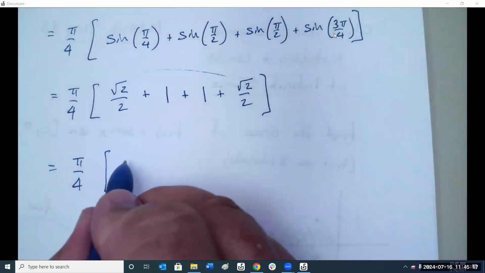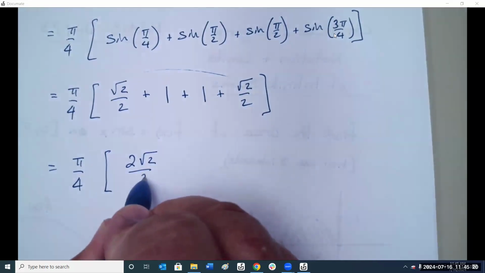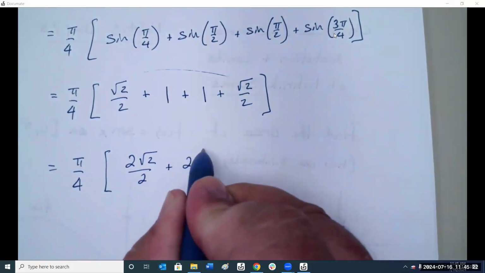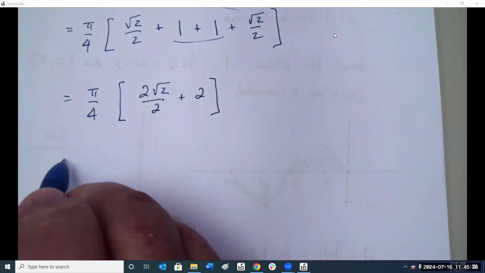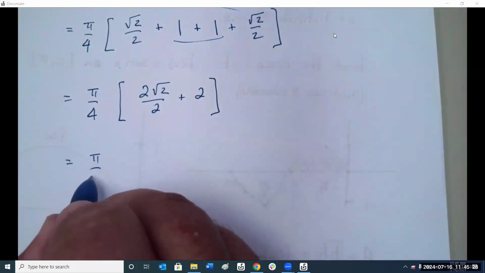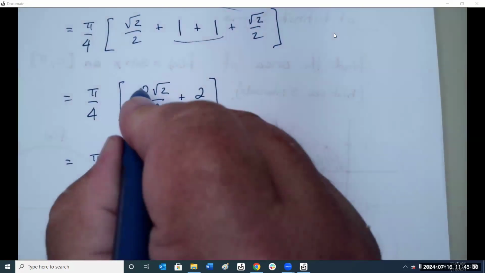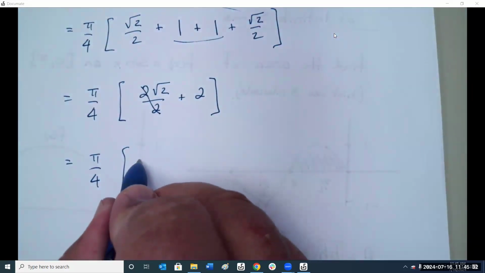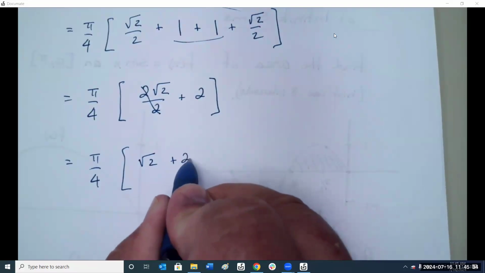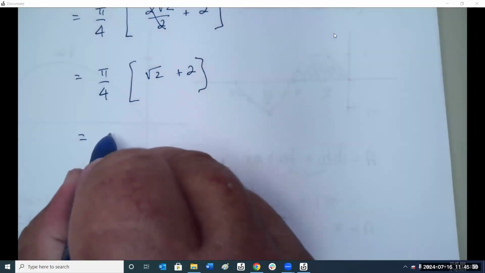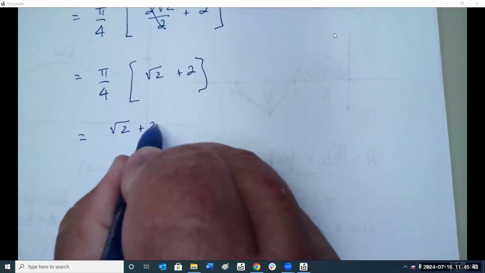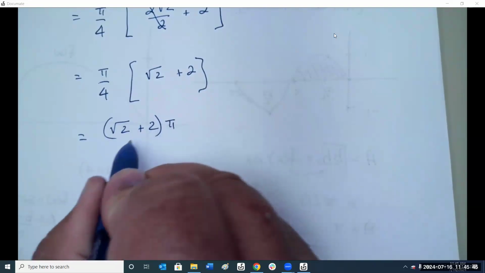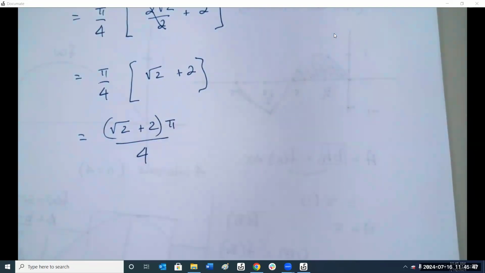So add those. We have 2 square root of 2 over 2 plus 2. The 2's cancel. So we have square root of 2 plus 2. And there's your area.